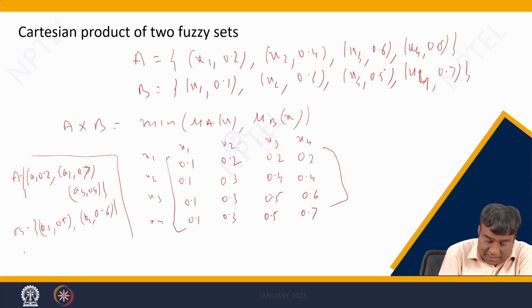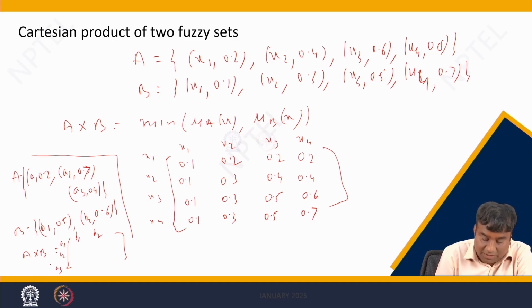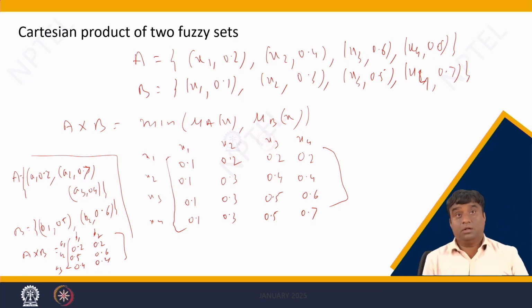So if you check it here, you will get A cross B equal to: rows A1, A2, A3 and columns B1, B2. So A1 and B1 the minimum is 0.2, then A1 and B2 minimum is 0.2, then A2 and B1 0.5, 0.6, then you will get 0.4, 0.4 for A3. So this is the Cartesian product of two fuzzy sets.